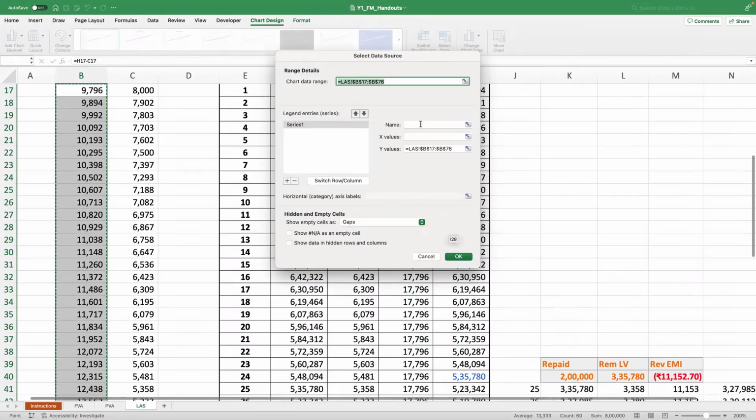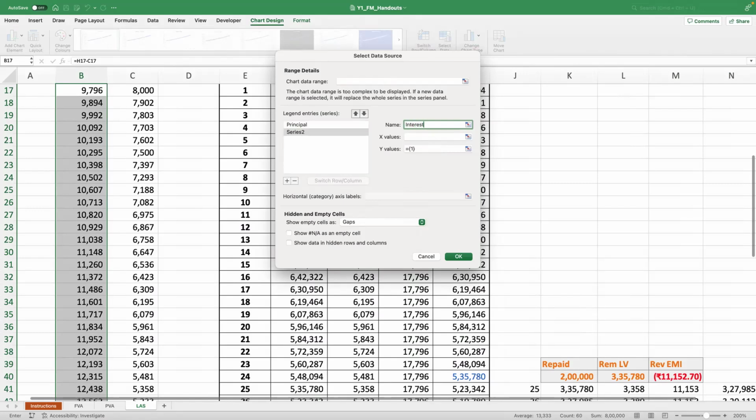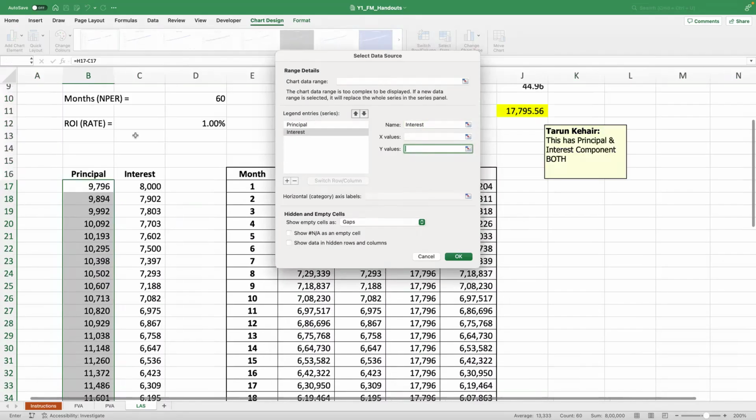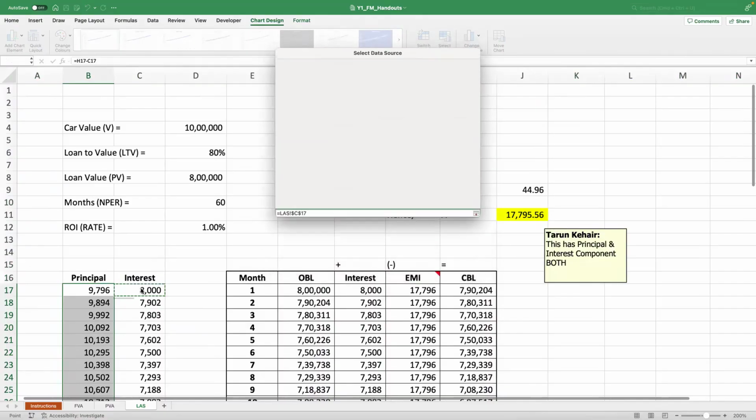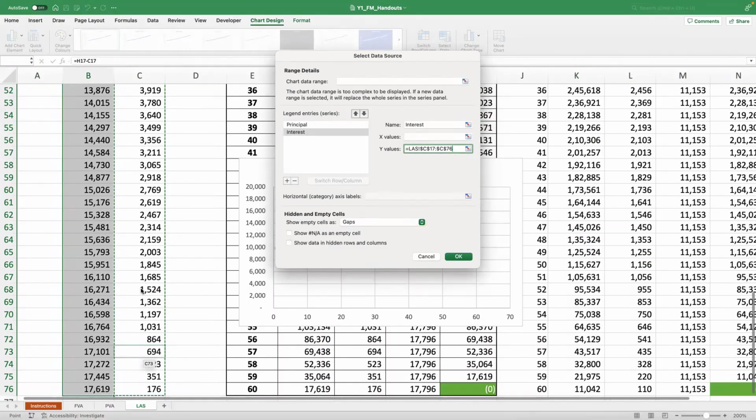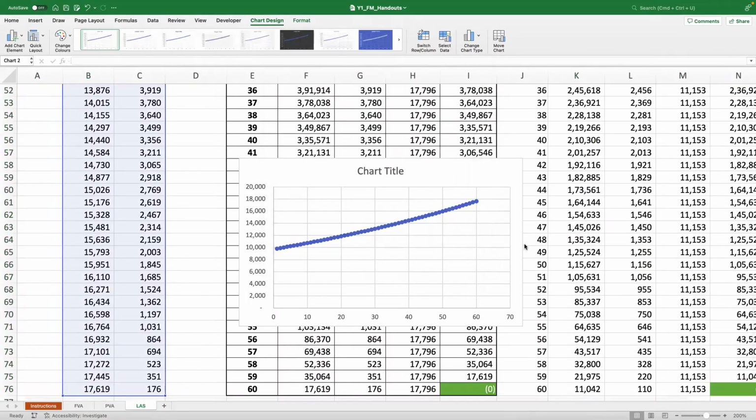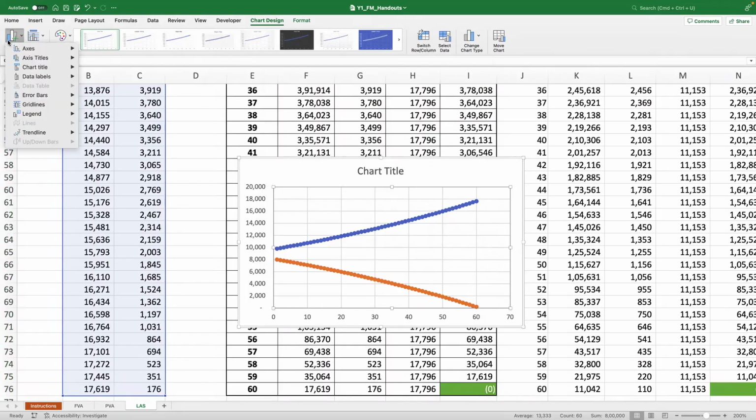So I can name this also. I can call this series as principal. And I can create another series, call it as interest. What is my interest? This is my interest. And I press OK. Now do you see? You will see two parts here. So do you see a difference between the two?